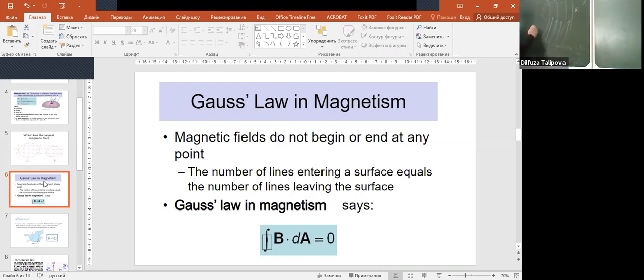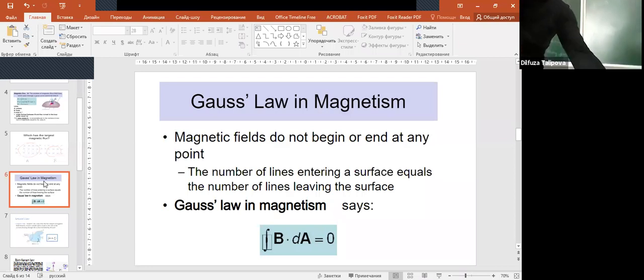If N1 and N2 are equal to each other, it means that the magnetic flux is equal to 0. Magnetic flux is equal to 0 here.